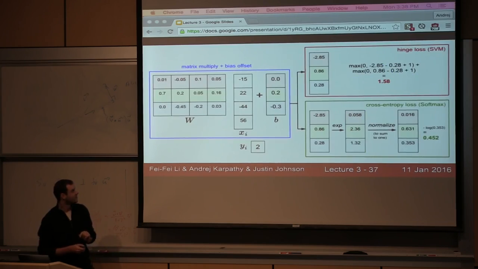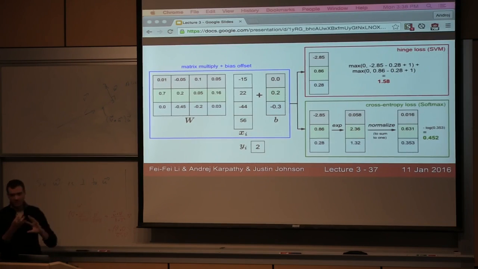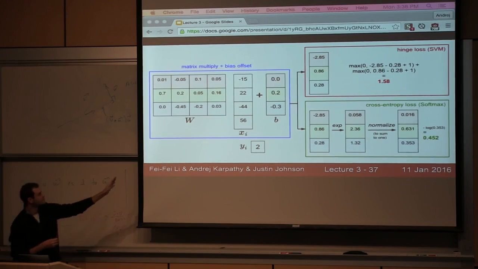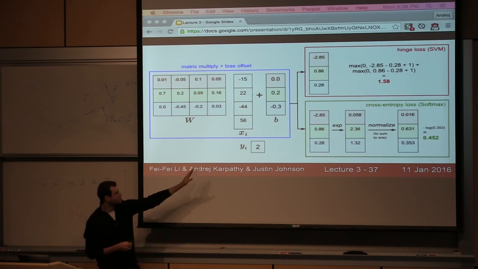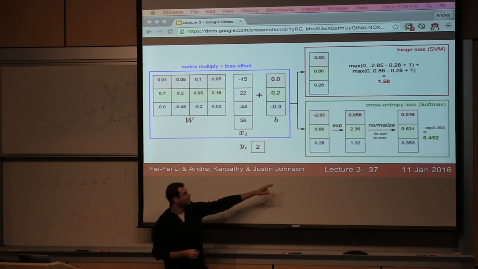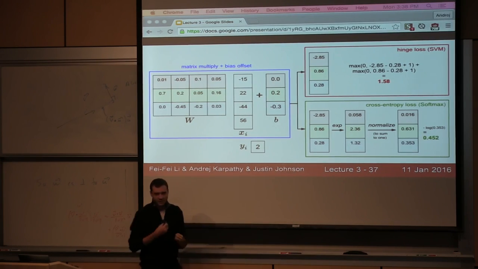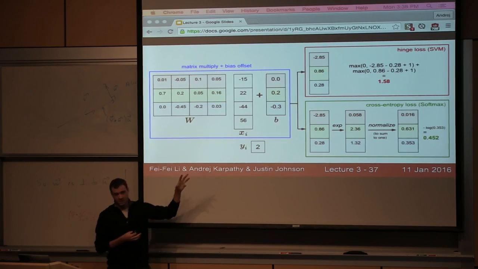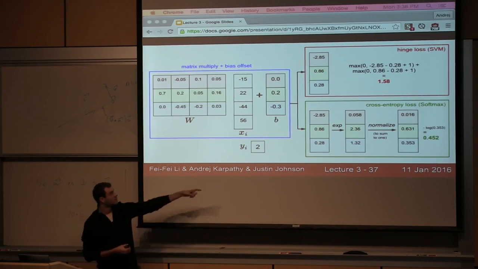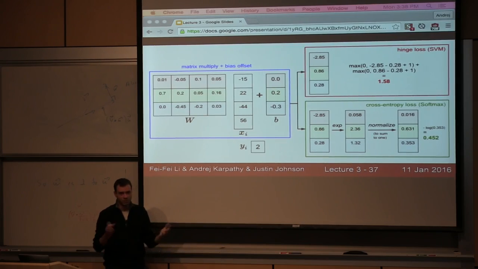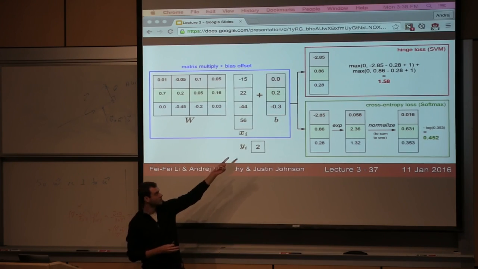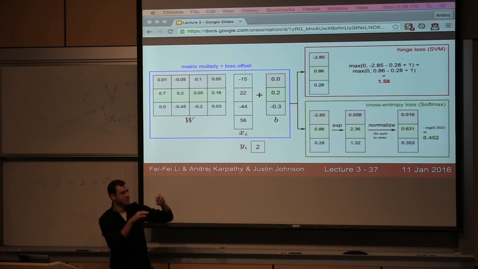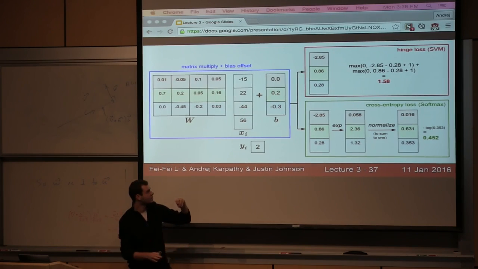I'll show you one more slide and I'll take some questions. Just to reiterate the difference between them: we have the score function, which gives us Wx plus b, and we get our scores vector. The difference is just how they interpret what these scores are. Either it's just random scores with no interpretation whatsoever, and we just want the correct score to be some margin above the incorrect scores.